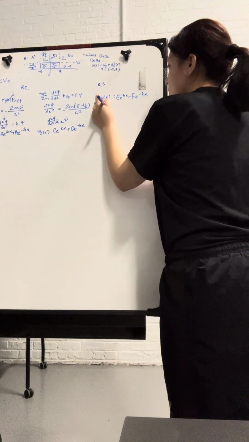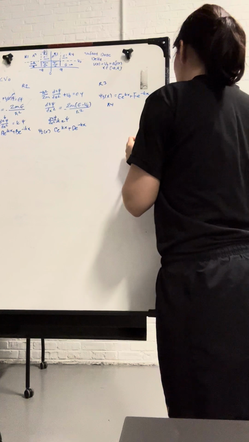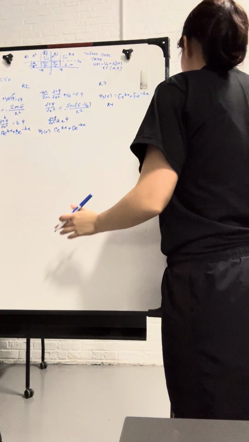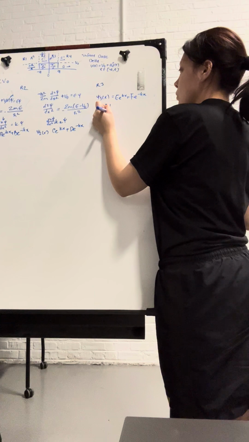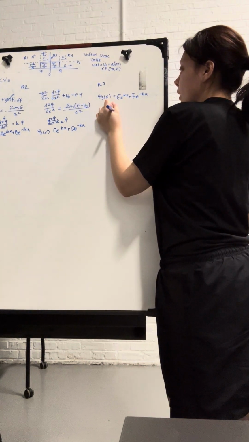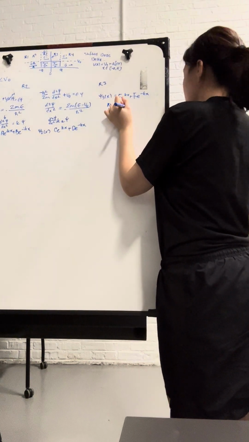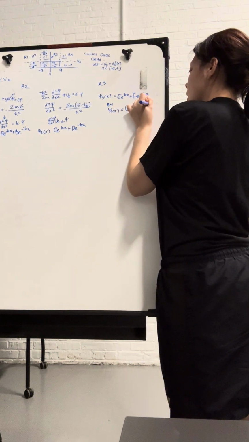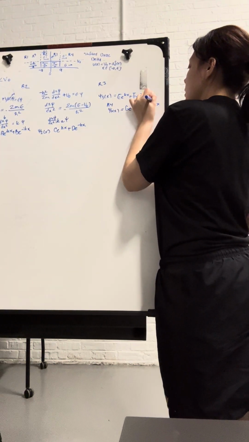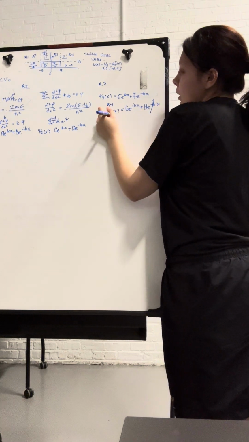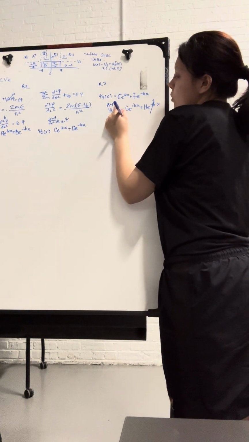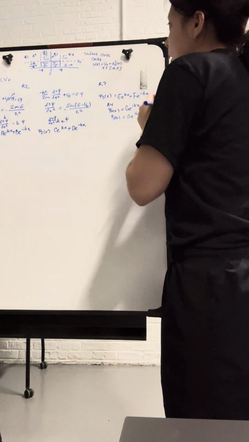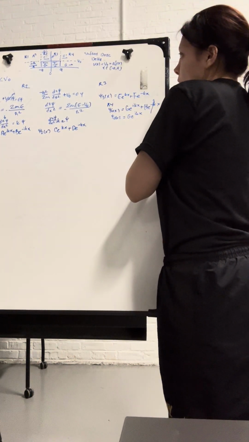As for region 4, it will be similar to region 1, where the solution would be psi 4 of x equal to G e^(ikx) plus H e^(negative ikx). But since there's no reflection, H goes to 0, leaving us with psi 4 of x equal to G e^(ikx) for x greater than a.